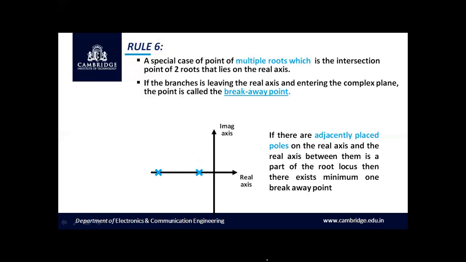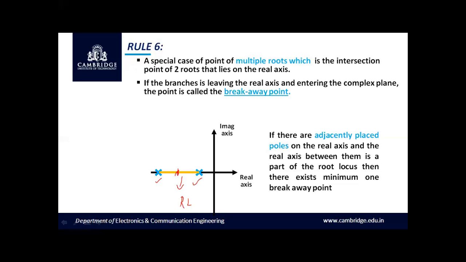This rule comes out with the prediction that if there are adjacently placed poles, and we can see adjacently placed poles in this example, and they are on the real axis, and the real axis between them should be a part of the root locus. Yes, this region between them is a part of the root locus. Then there exists a minimum of one breakaway point. So you are very sure that there exists a minimum of one breakaway point.